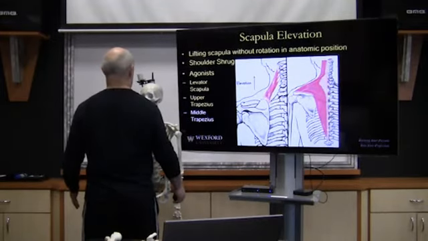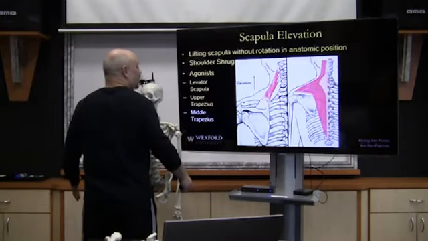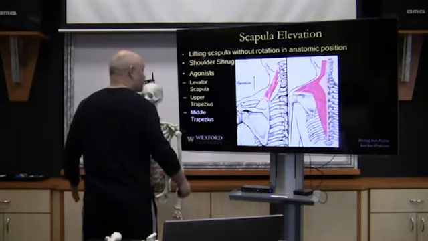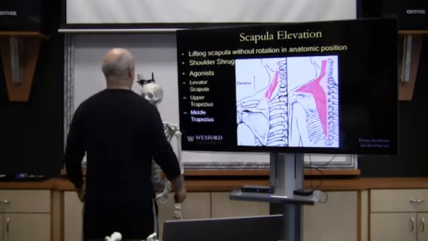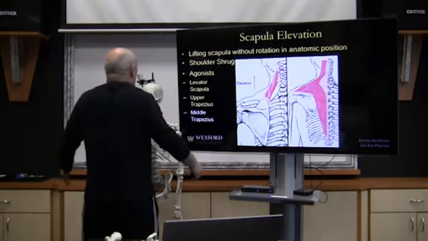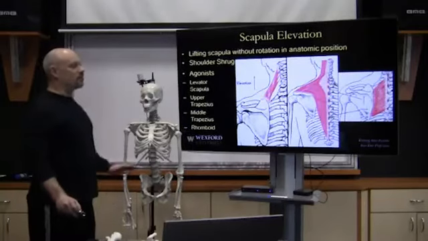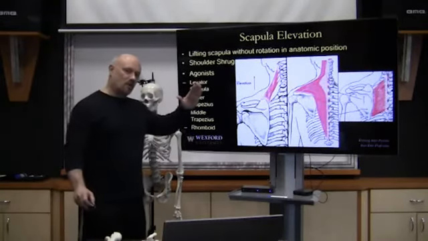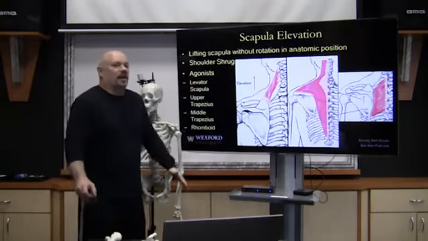We use the levator scapulae because it does nothing but elevation. The upper traps, or traps 2 and 3, are going to go upward, and the middle trapezius is going to elevate too. You're also going to get the rhomboids, because depending on the angle of those fibers, they not only retract, they also elevate.